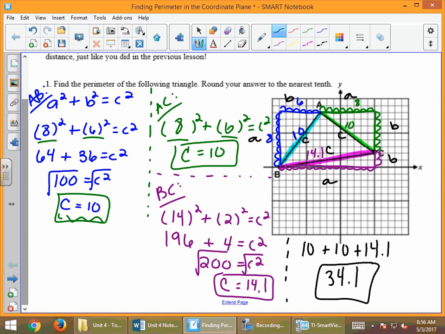So the perimeter of that triangle is 34.1 units. So really similar to what we did in the last section.